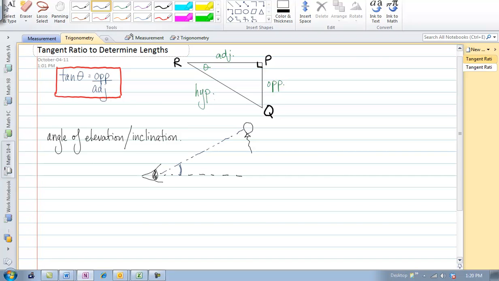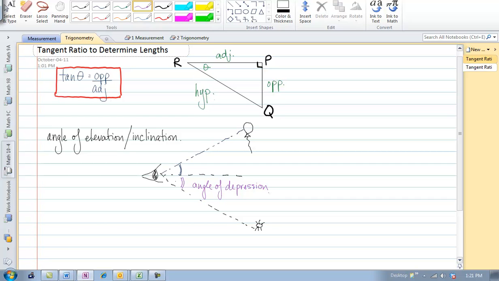Similarly, if we are looking down at perhaps a little bug on the ground, the angle that is created from looking down as compared to the horizontal, we call our angle of depression.